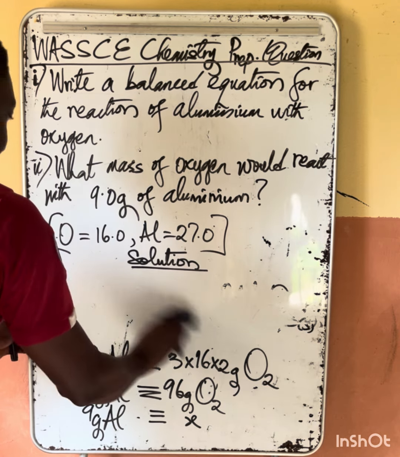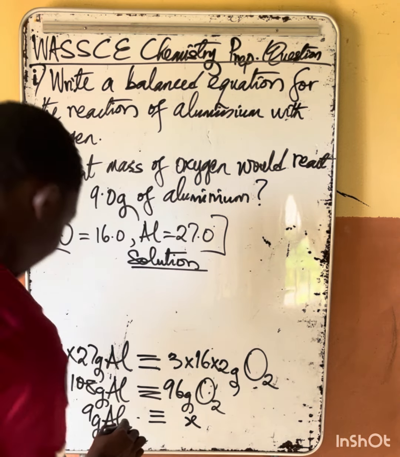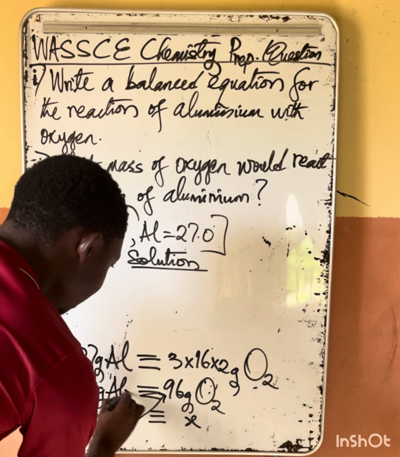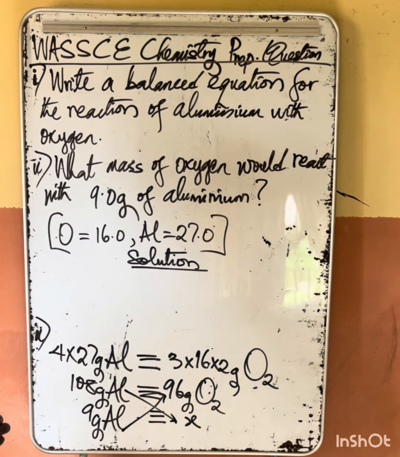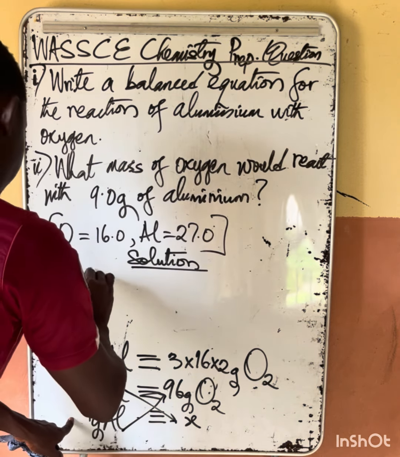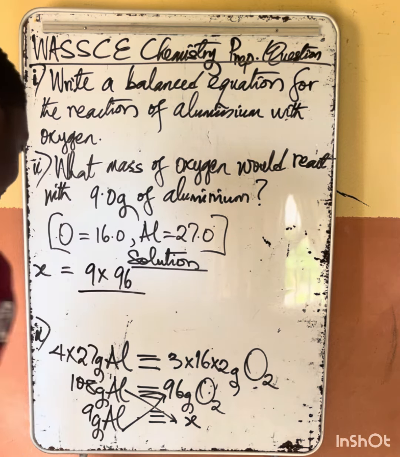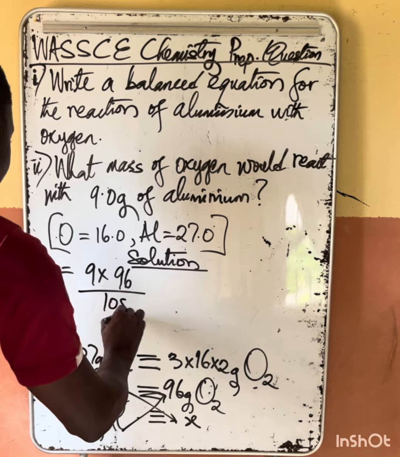If we cross multiply, it will be this times this times that, then make X the subject. X will be equal to 9 times 96 divided by 108.